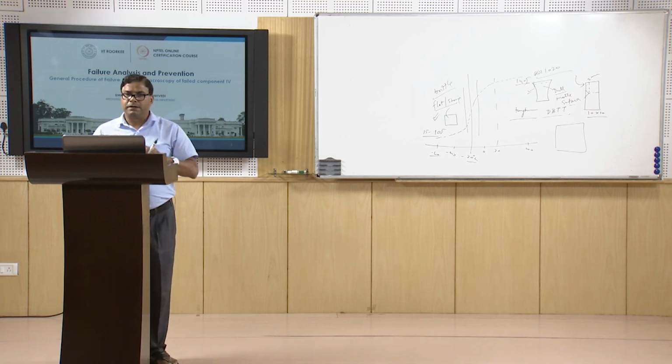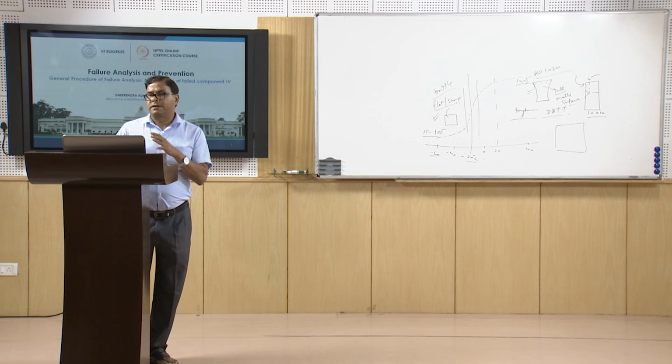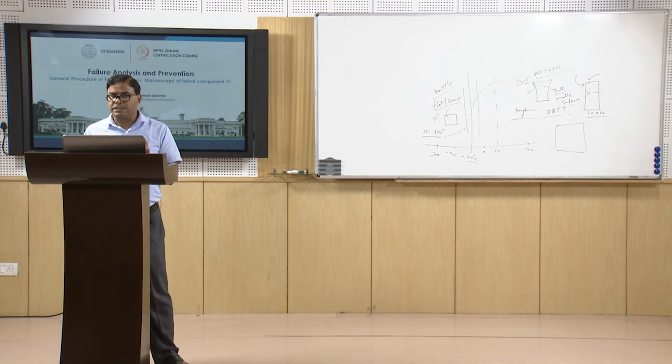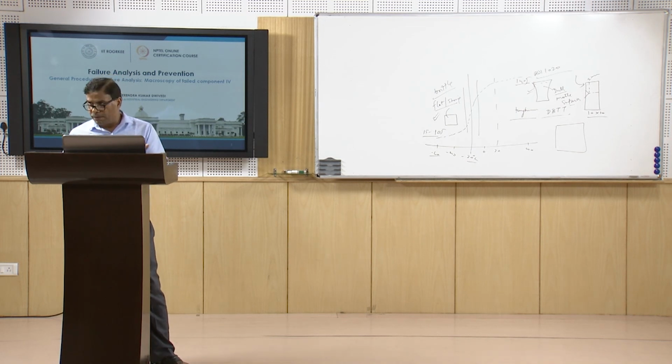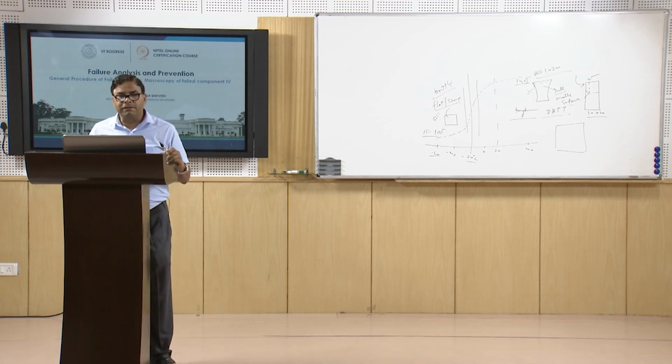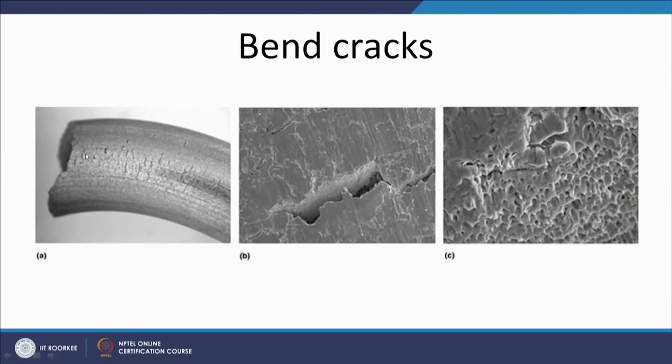Now, we will see that when the cracks develop under different loading conditions, we will find different morphology of the fracture surfaces. Specimens subjected to bending, on the external surface where the tensile load is acting, will show a lot of circumferential cracks, and this is a higher magnification micrograph of such a crack.